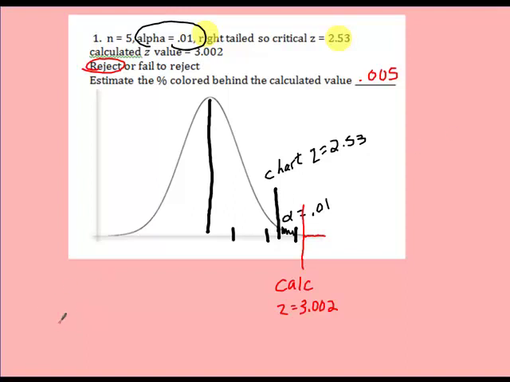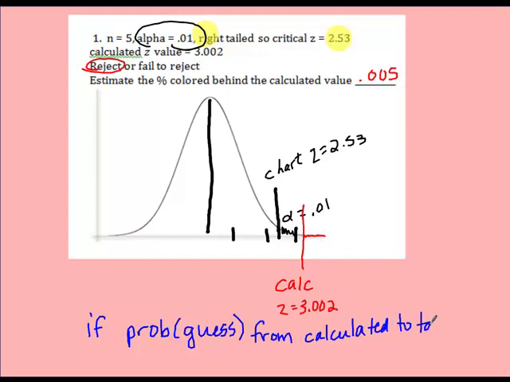The probability, that's from my guess. It's actually the probability or the percent of the curve from the calculated value to the tail. If that value is less than alpha, then I'm going to, in this case, reject.